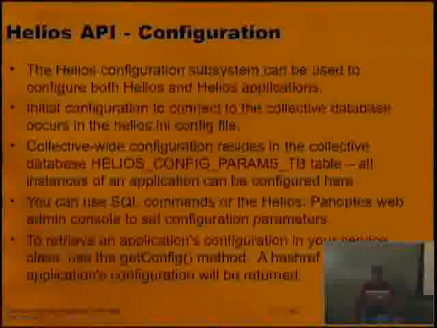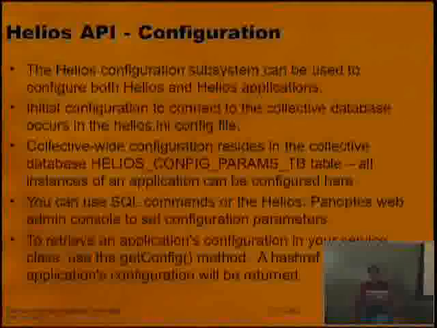Now the configuration subsystem is a little different than some people expect, because people see configuration and just think, oh, that configures the Helios service. But it also configures your application as well. Effectively, there's an INI file, and you set an environment variable to point to where that is.